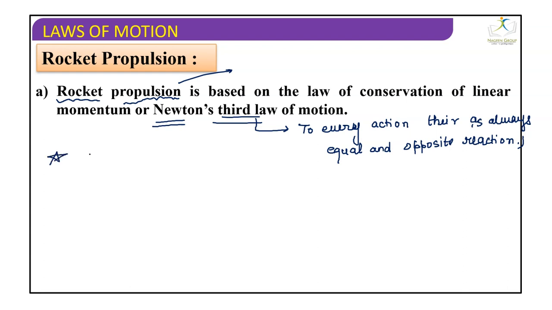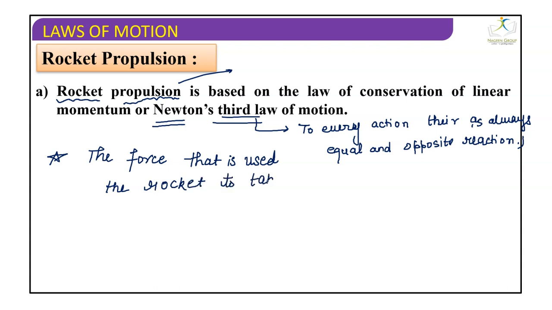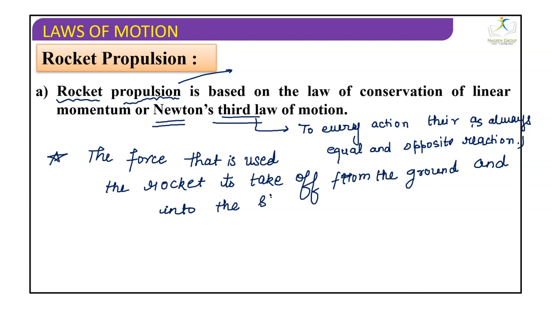In detail, we can say that the force that is used by the rocket to take off from the ground and into the atmosphere takes some time, and we know force into time is what?